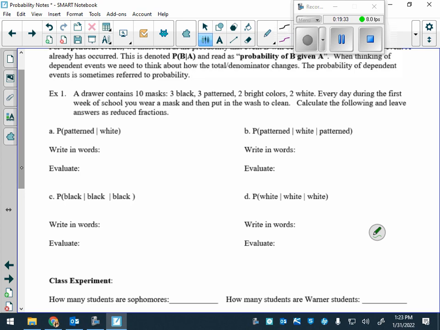So you're writing this down in words: probability of selecting a pattern mask given you have already chosen a white mask. So where it says write in words, that's what you guys are jotting down.